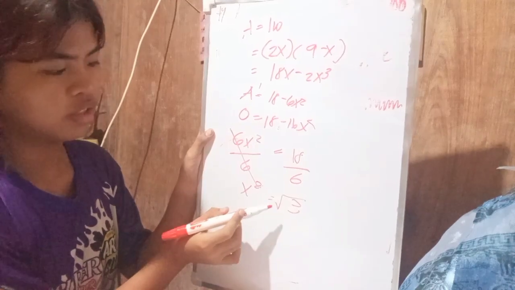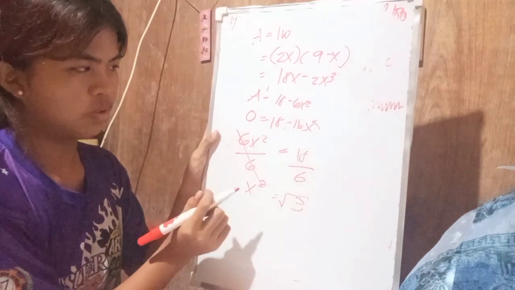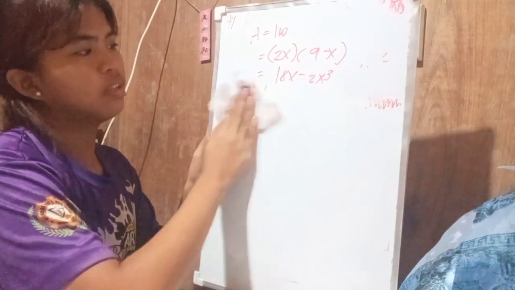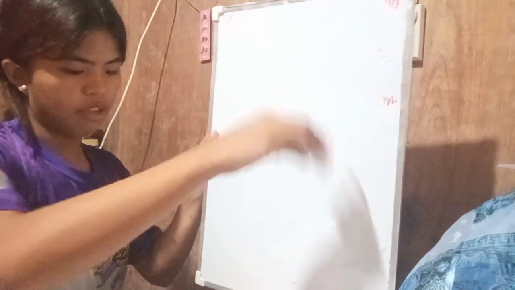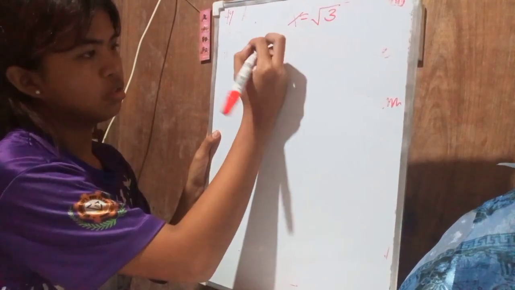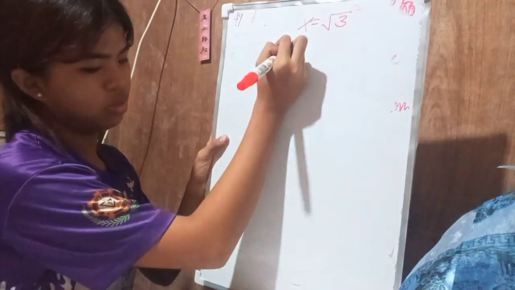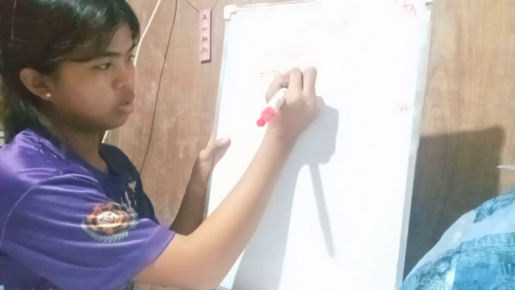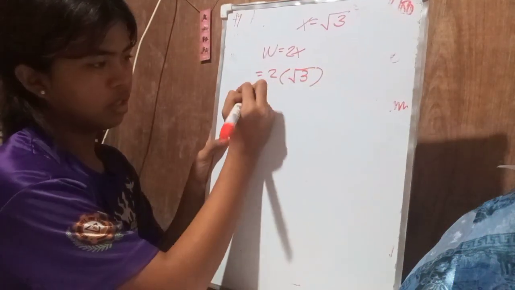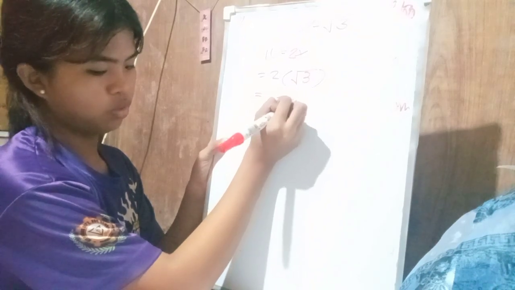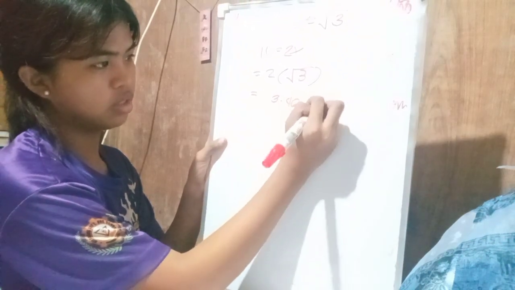So, taking the square root, we know that x is equal to square root of 3. So, width is equal to 2x, so 2 times square root of 3 is equal to 3.46 units.